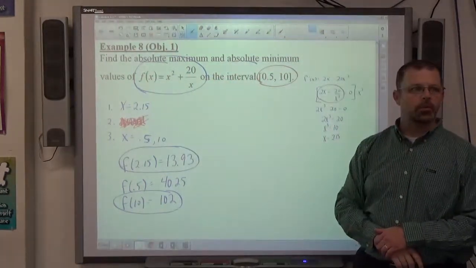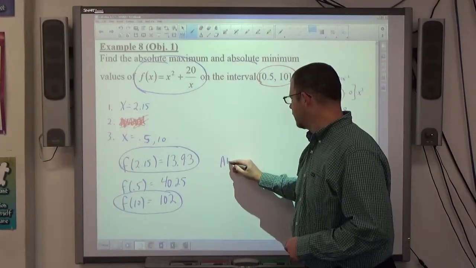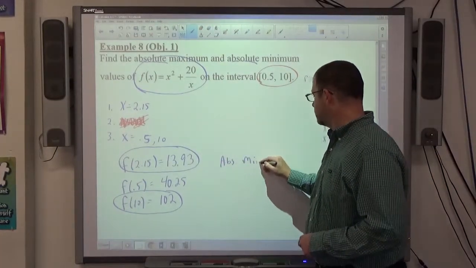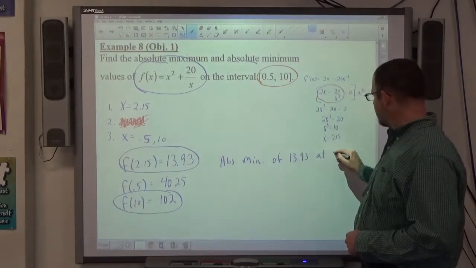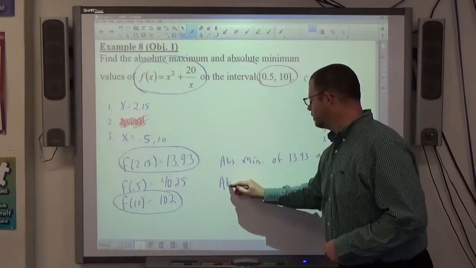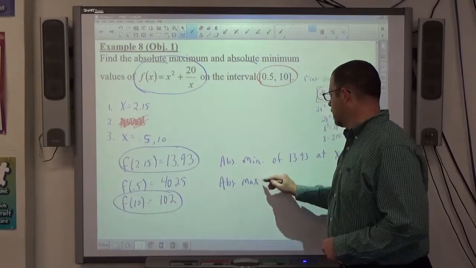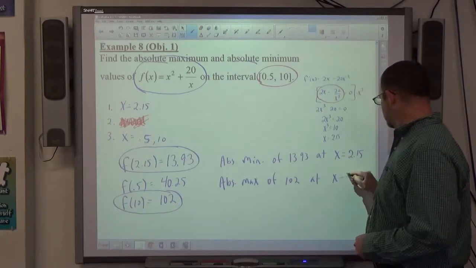We don't care about locals, we want absolutes. So I know that there's an absolute minimum of 13.93 at x equals 2.15, and an absolute maximum of 102 at x equals 10.